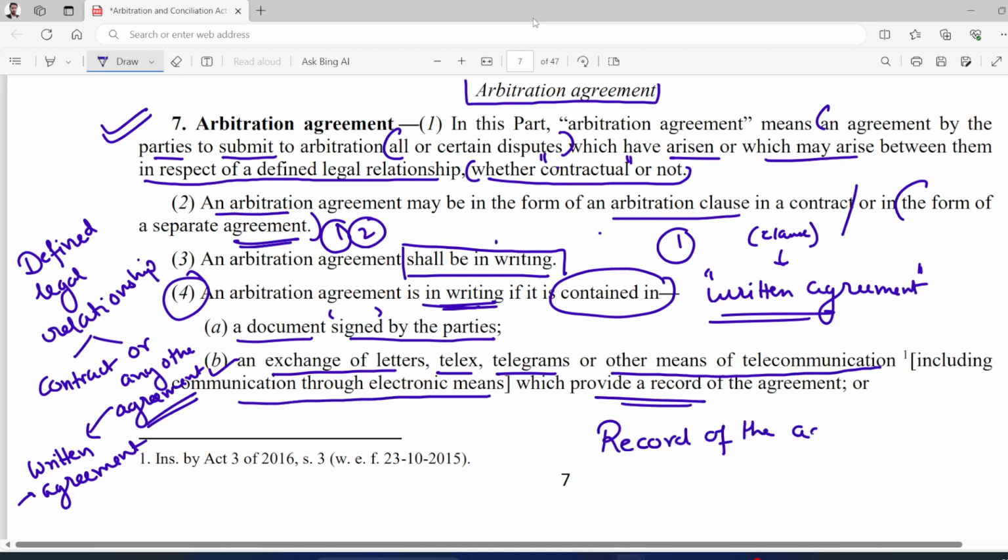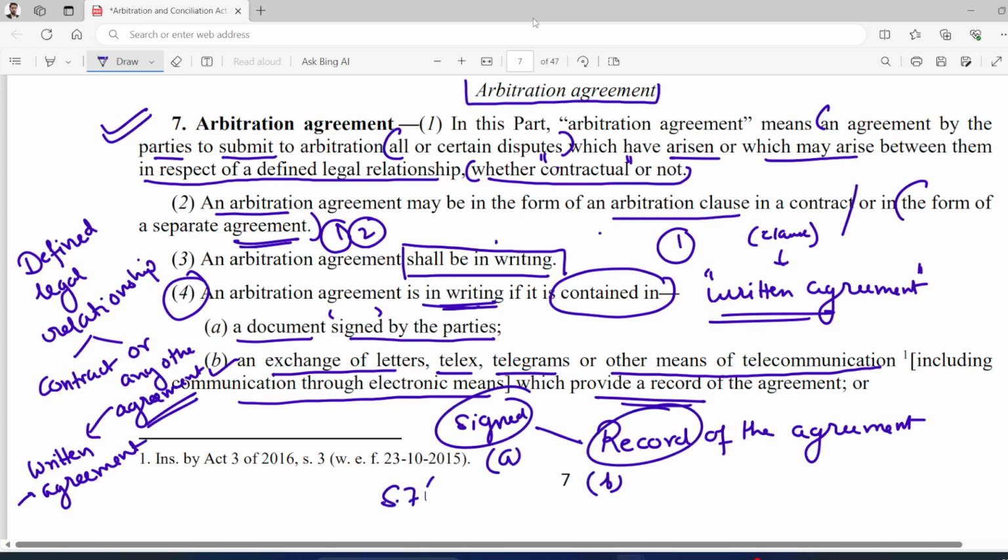Anything that provides the record of the agreement, and it must be signed between the parties. These are the two requirements that are given as clause A and clause B of Section 7 subsection 4: an arbitration agreement is in writing if it is contained in these. So these are the two things which must be there.